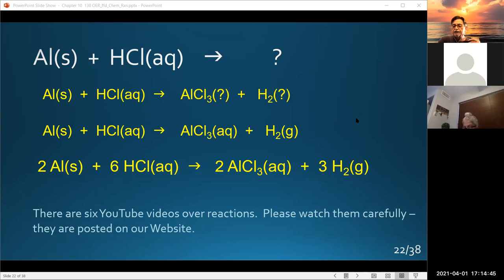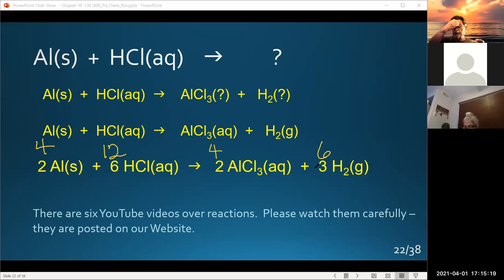A word about balancing chemical equations when you're putting coefficients in there. It is possible that when you're balancing and you finally come up with the numbers, you end up with, let's say, 4 here, 12 here, 4 here, and maybe 6 here. That happens sometimes. You're playing with the numbers and you end up with these greater numbers. But the thing to remember is once you're done with the balancing step, check it.